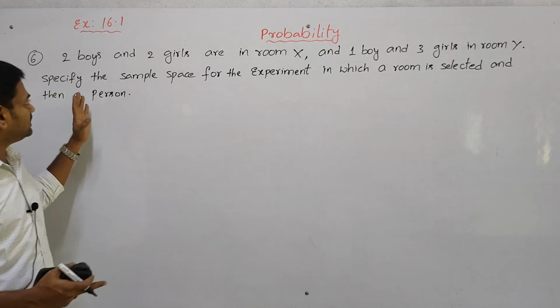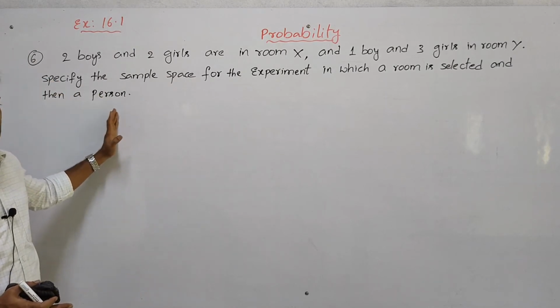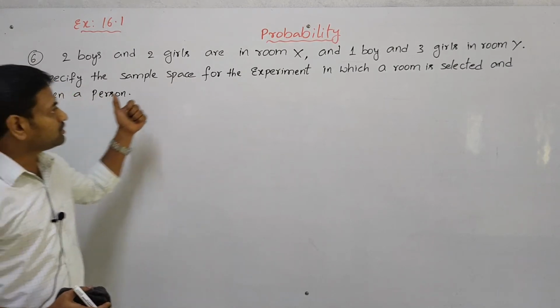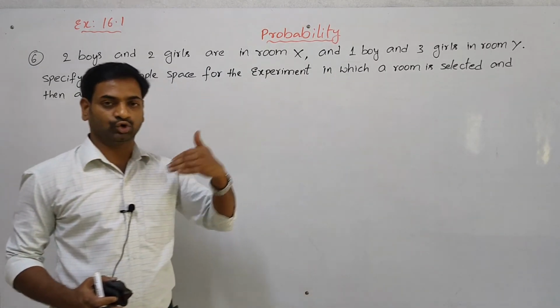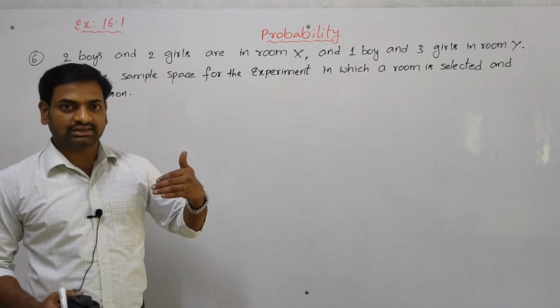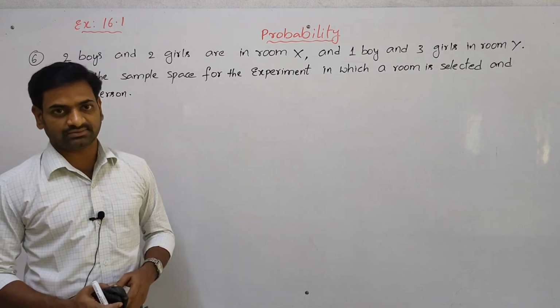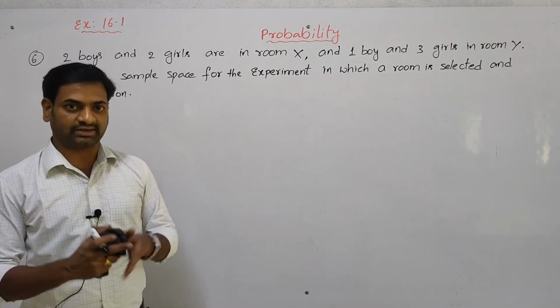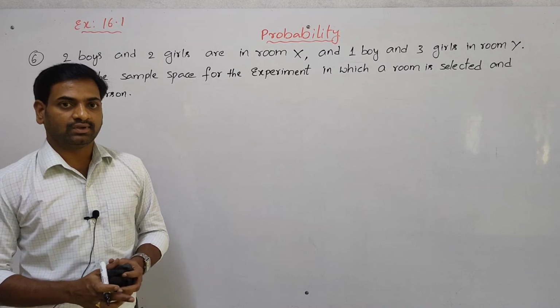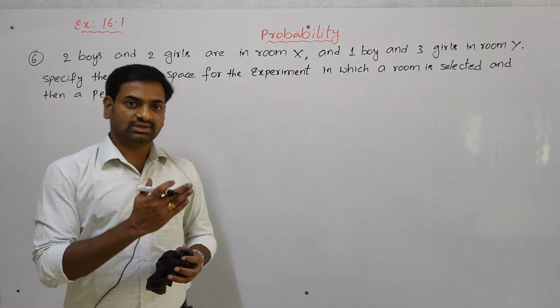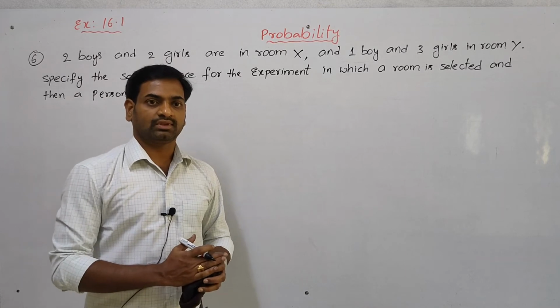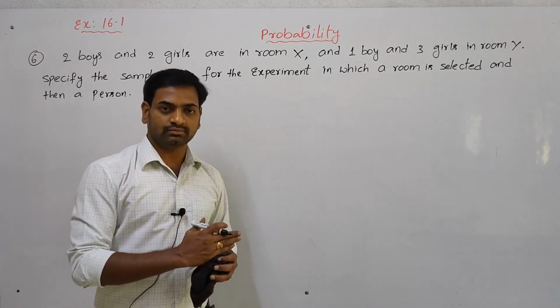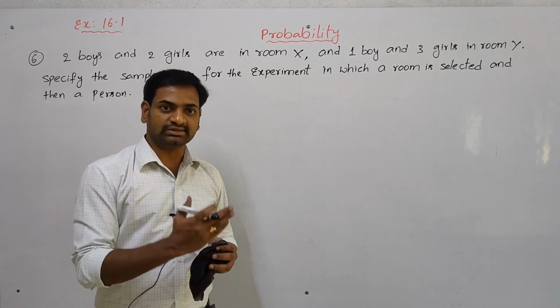Now, what is the experiment? First, he is selecting the room. Later, he is selecting the person. That is the experiment. After selection of the room, he wants to select the person.